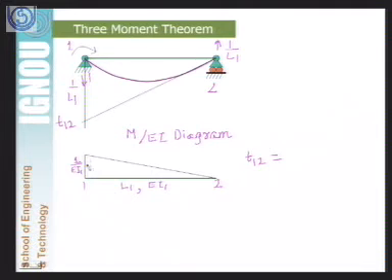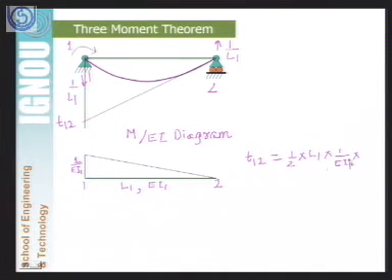So first let us calculate the area of this triangle. This will be half multiplied by base L1 multiplied by the perpendicular, that is equal to 1 by EI1.